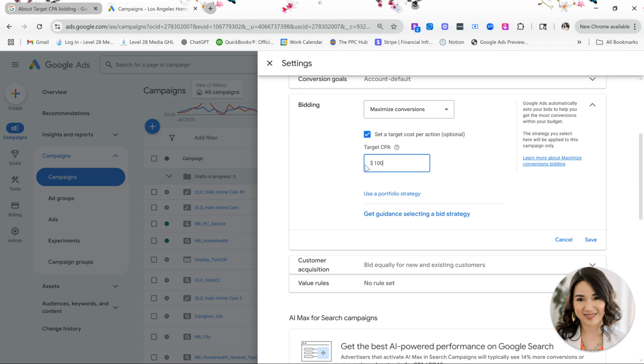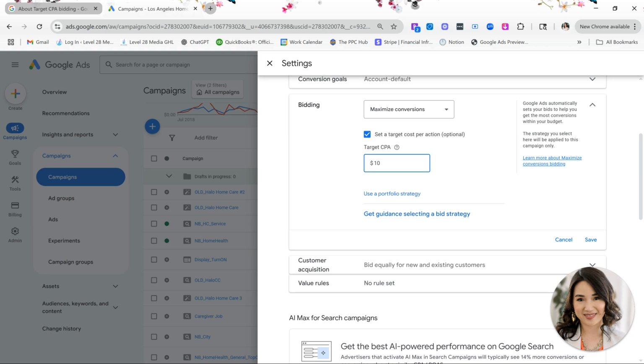Because what's going to happen is if you set this too low at, let's say, $10, your campaign's just not going to spend, and you're going to be wondering why you only got like one impression. It's because you're not letting Google have enough breathing room to go out and get you target leads at a reasonable cost per lead. $10 is not reasonable.